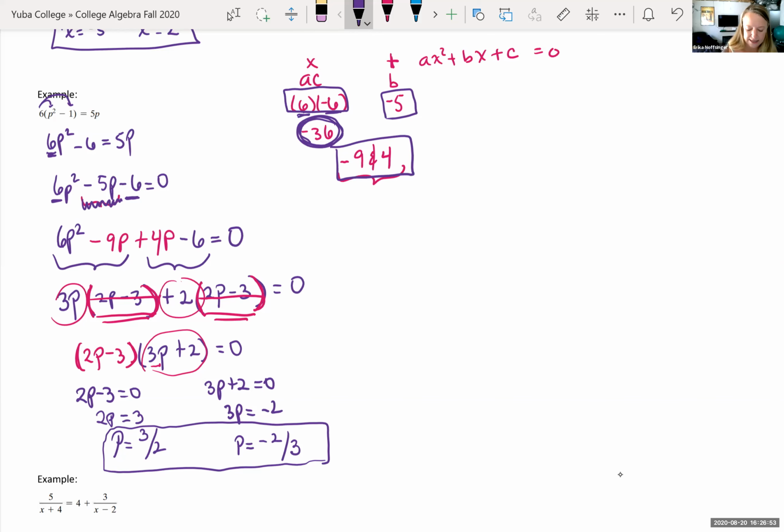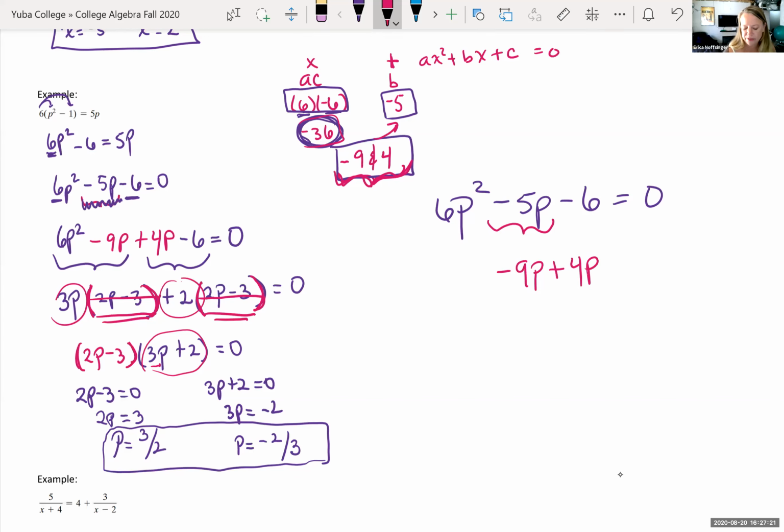So once that's done, we originally had the 6p squared minus 5p minus 6. We found two numbers that multiply to give us this and add to give us this. Well, we can rewrite this negative 5p as the same thing as negative 9p plus 4p, because if we sum these two together, it gets back to what we originally have.